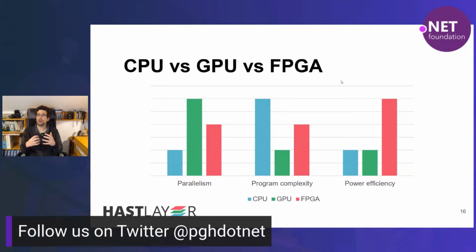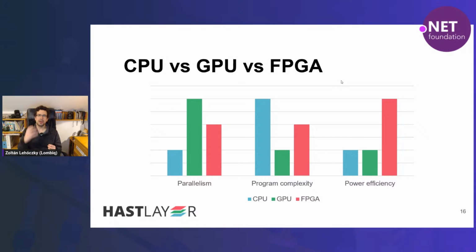Now, what about the complexity of programs you can run in these devices? Because, you know, when it's a piece of software, a CPU can run it. So CPUs can just do anything. They are generic and all-purpose. Whereas GPUs are, again, on the lower end here, because the programming model on a GPU is very limited. GPUs are for, well, graphics processing.